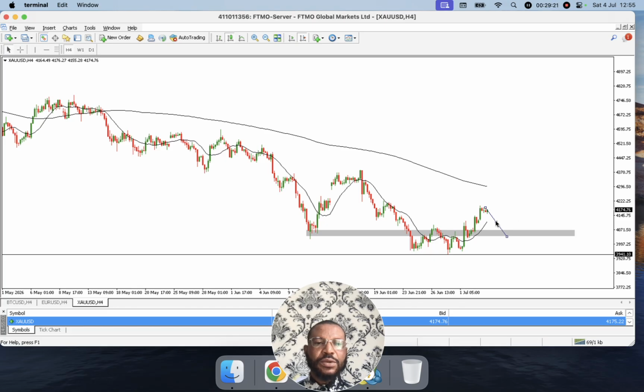and the sellers fail to close below here, the only time that my bias will change for the gold is not as if I will be looking for entry to the downside. No, the only time my bias will change for the gold is if price closes below this demand area. But if the sellers come here and they get weak, or here and they get weak, and the buyers come in, I'll join the buyers.